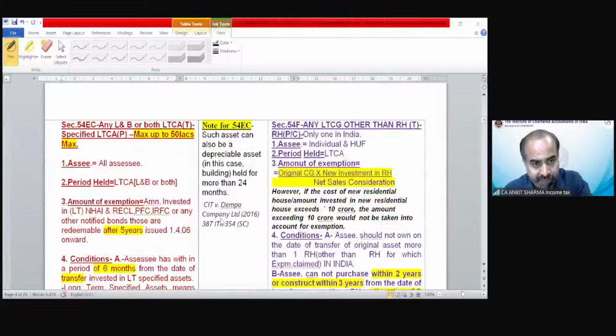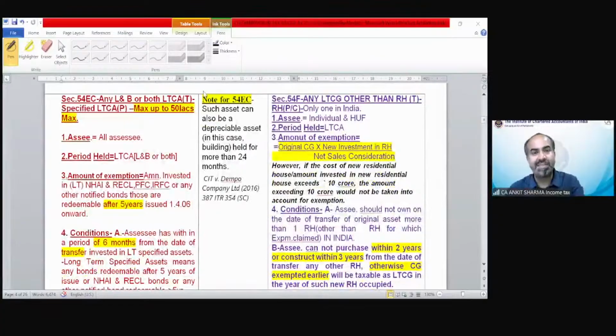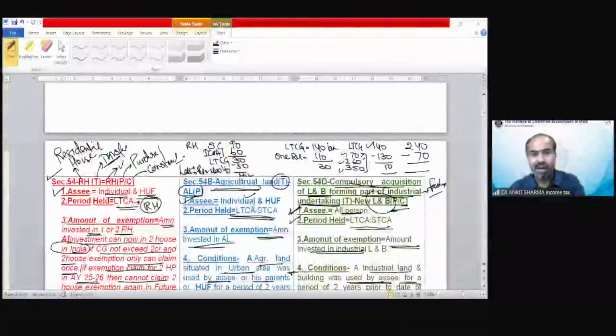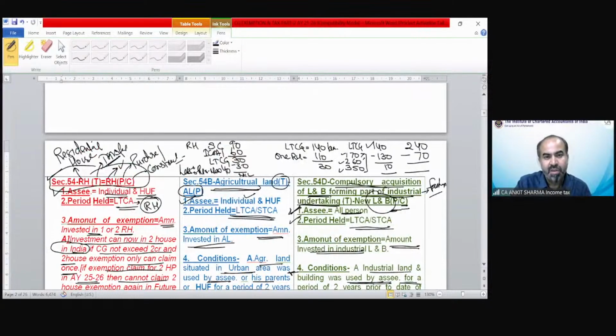The last two exemptions we have are section 54EC and 54F. Now, 54EC. Okay, the three exemptions we have gone through, section 54, 54B and 54D, there is a common thing between these three exemptions.